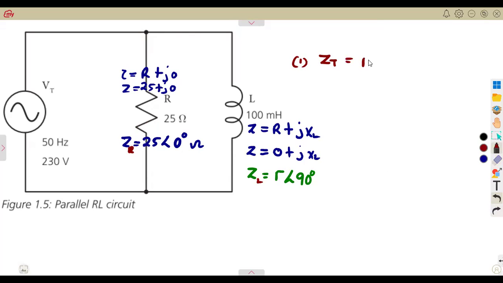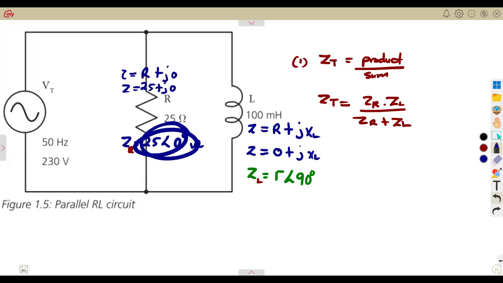Remember, we need the product over the sum. There are two there, so you're going to apply the product over the sum, meaning we are going to have the product of ZR and ZL and the sum of these two. That is what we need. So let's get going now. ZR is just our resistance. It's fine as it is.